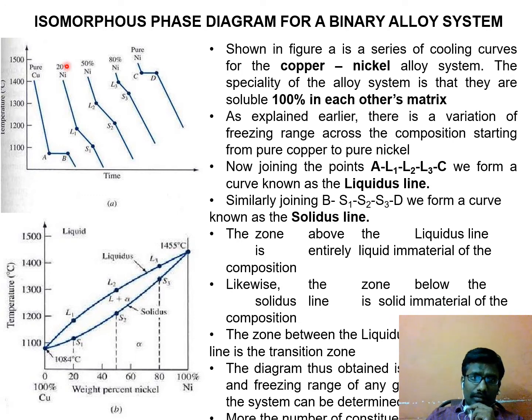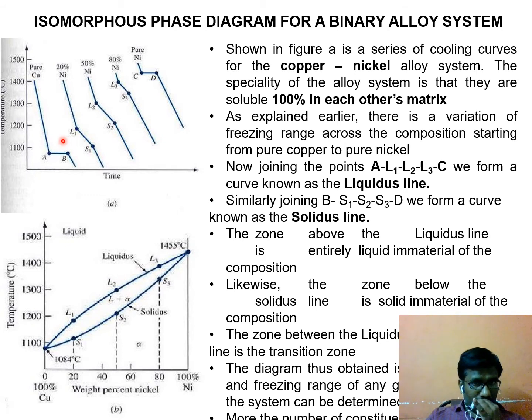Again, take the example of copper and nickel. I am taking 100% copper, 0% nickel, then 20% nickel, 80% copper. Like this I will take different compositions, do the experiment, and find the solidification starting point and ending point.